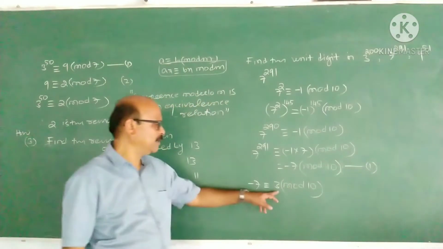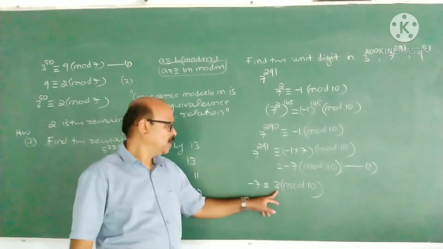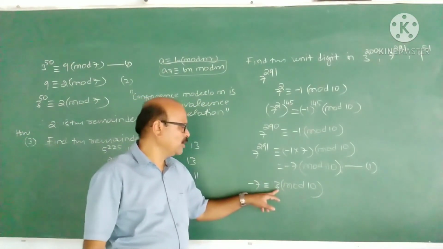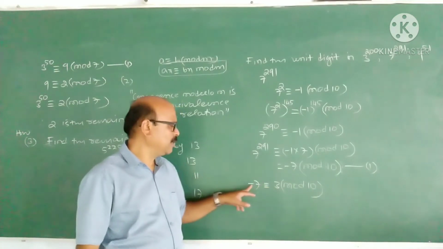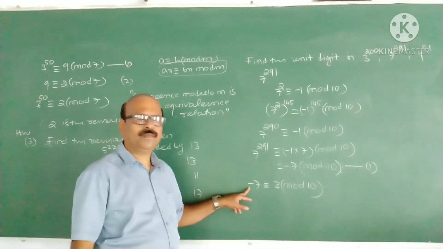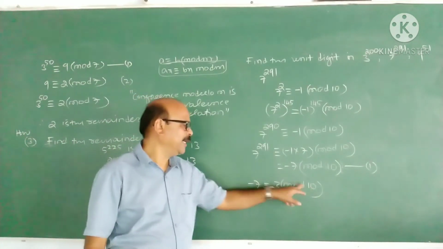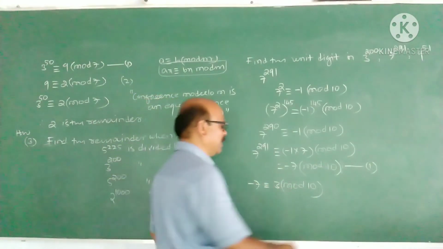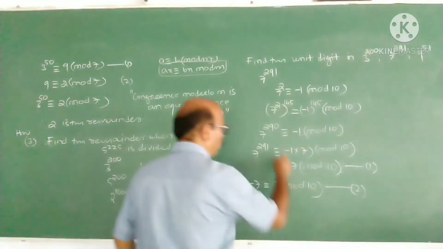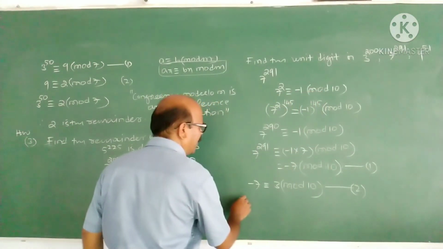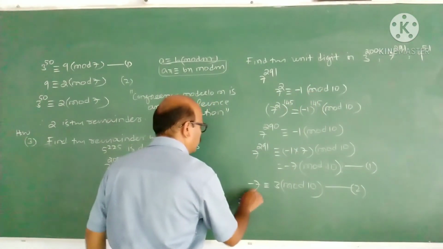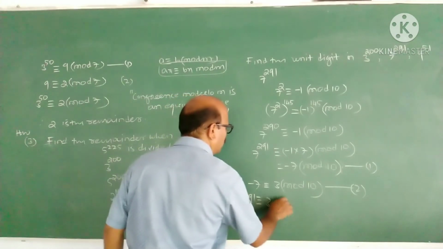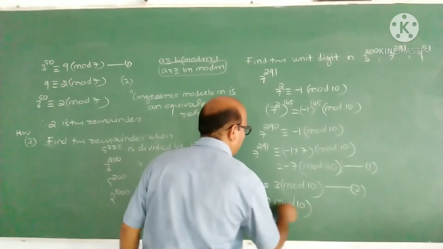Here, to make this positive, minus 7 is 3 mod 10 because minus 7 minus 3 is minus 10, and 10 divides minus 10. So we can write minus 7 is 3 mod 10. Take this as 2. From 1 and 2, by transitive law, 7 raised to 291 is congruent to 3 mod 10.